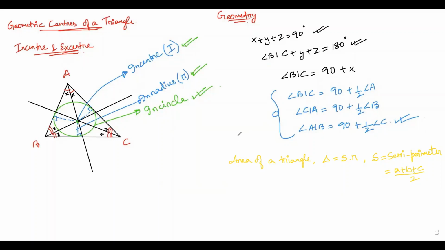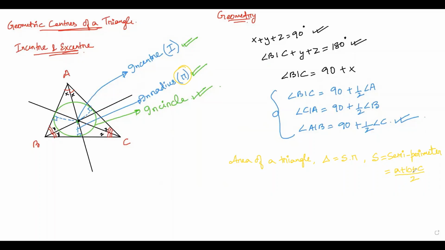Now, just like we have a relation between the area of a triangle and the circumradius, we also have a relation between the area of a triangle and the inradius, which is given by area of a triangle as s into r, where s is the semi-perimeter, that is half of the sum of the length of the three sides of the triangle.